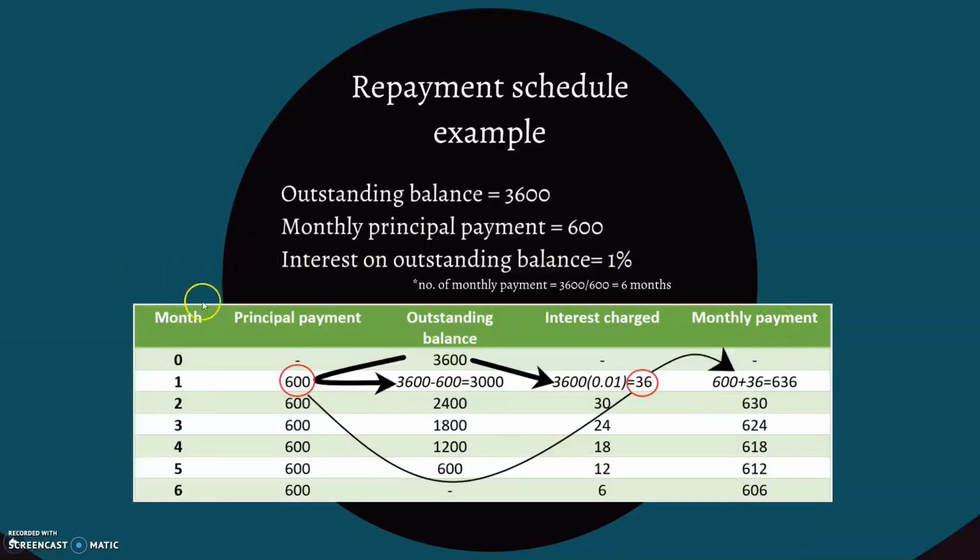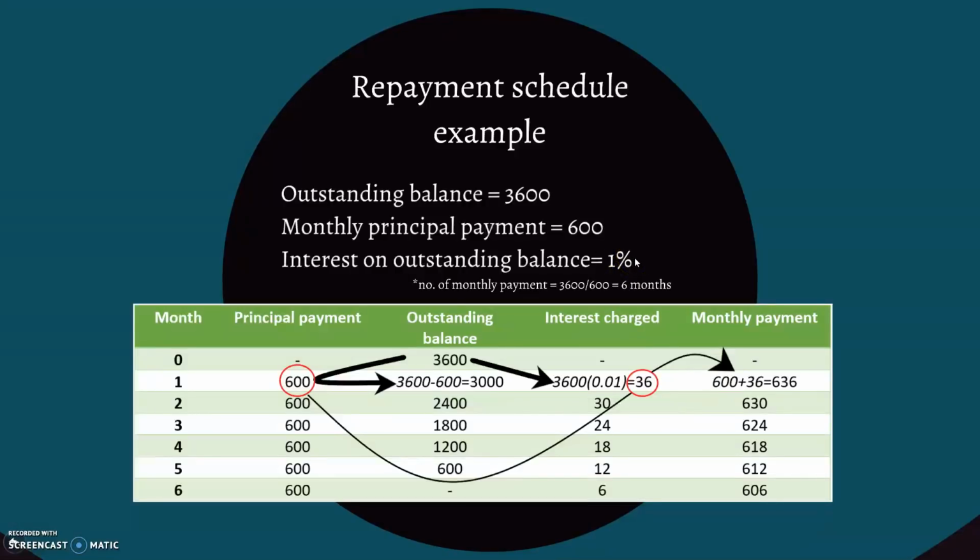So first let's look at the example. Let's say the outstanding balance is 3,600. The monthly principal payment is 600. Please take note, this is a principal. So this payment here is only for the principal value, which is the outstanding balance. The interest on outstanding balance is 1%. This is the interest that is being charged.